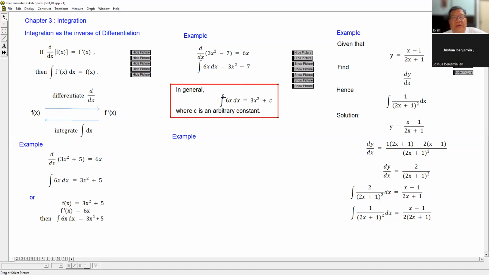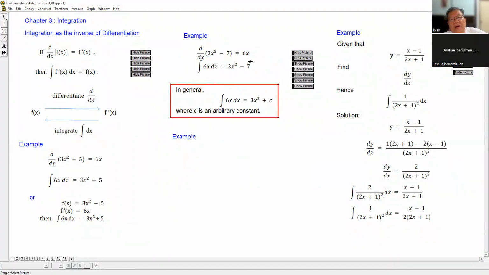So in general, let's say if you want to integrate 6x dx, integrate 6x, sometimes you get minus 7. Integrate 6x, sometimes you get plus 5.